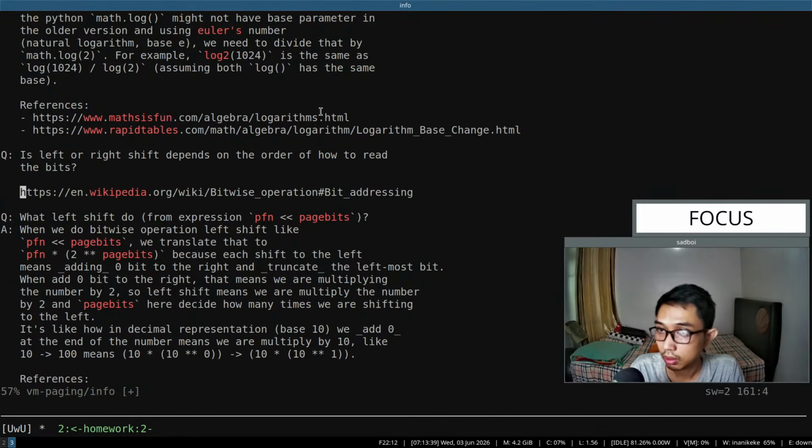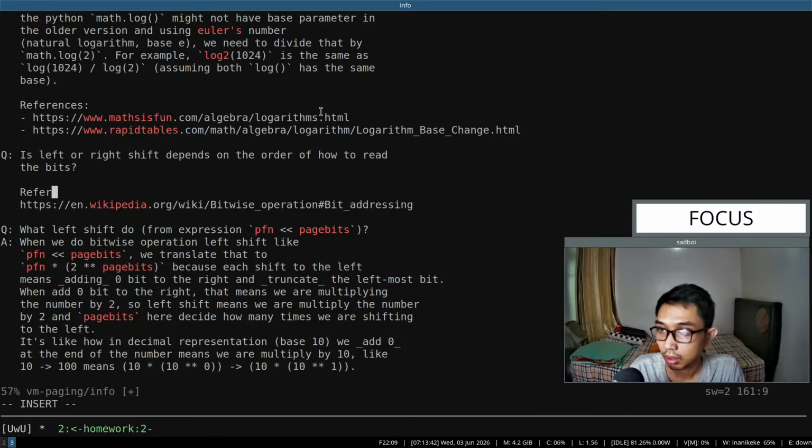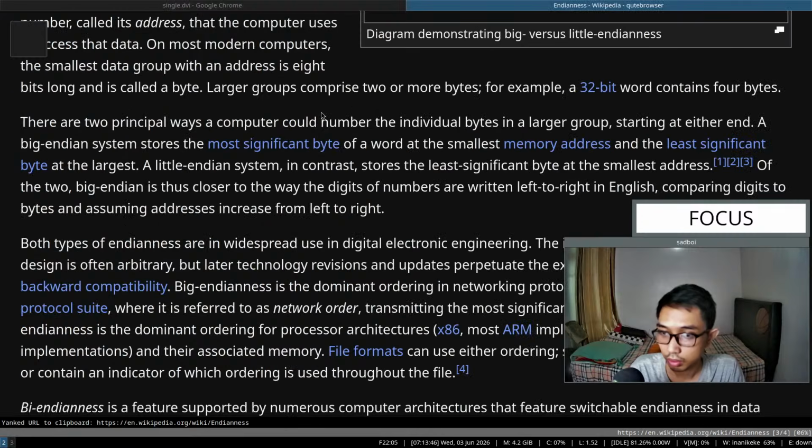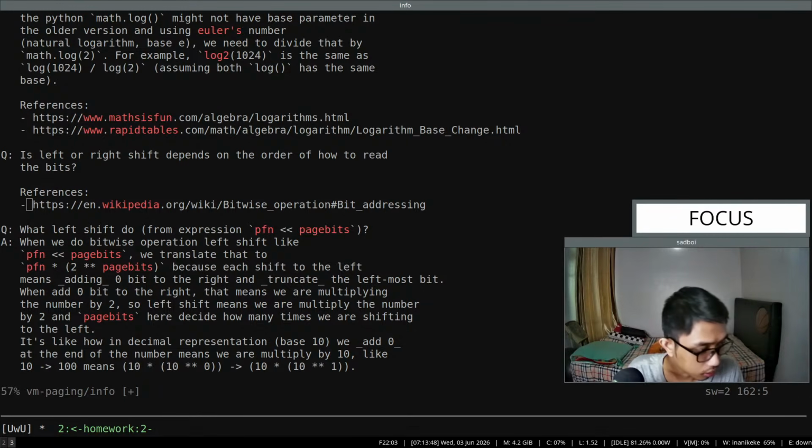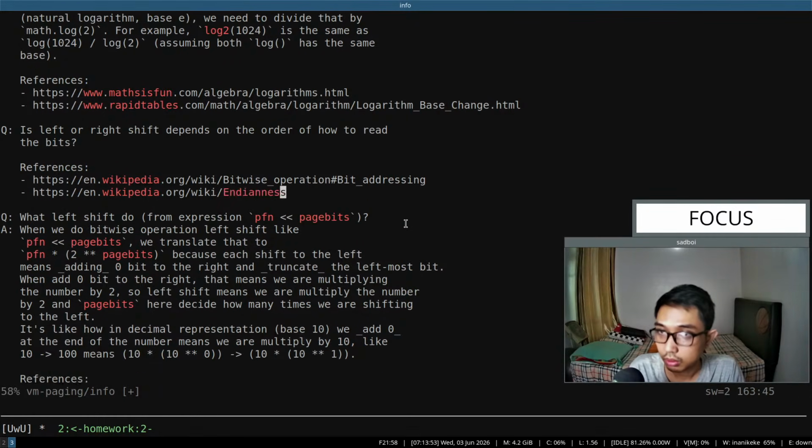Okay. Reference. Let me copy this in the chat in case anyone wants to take a look too.